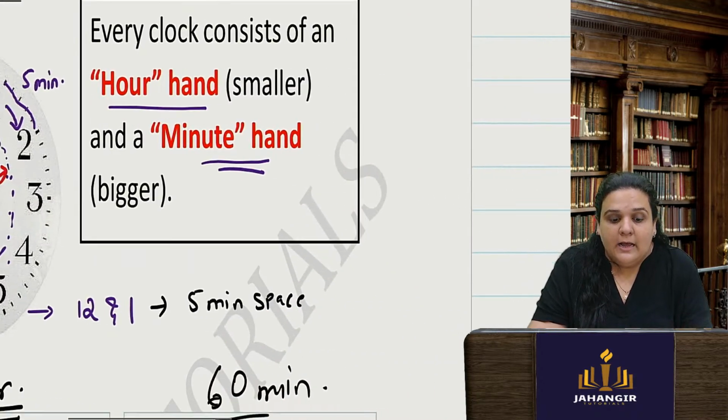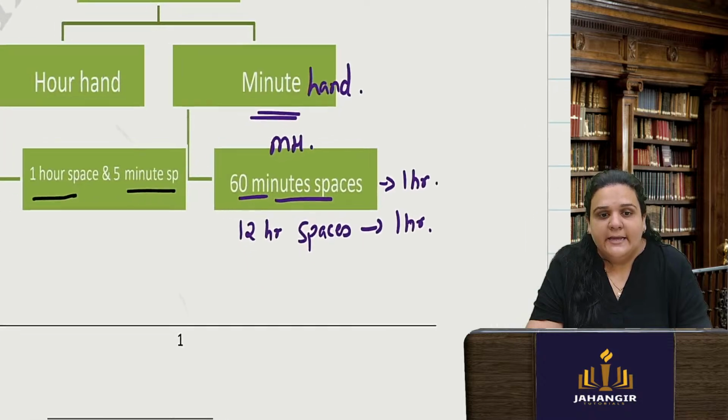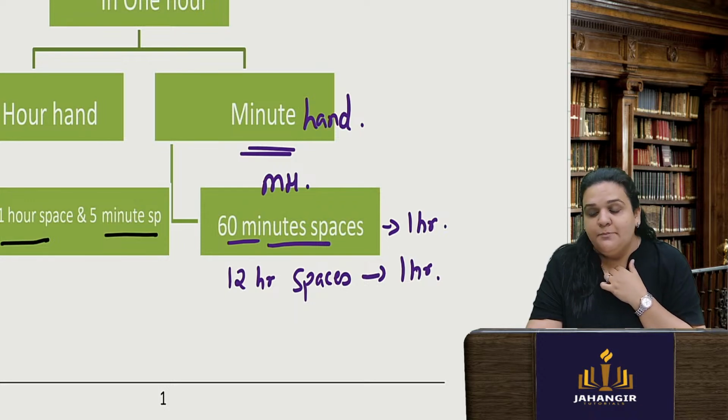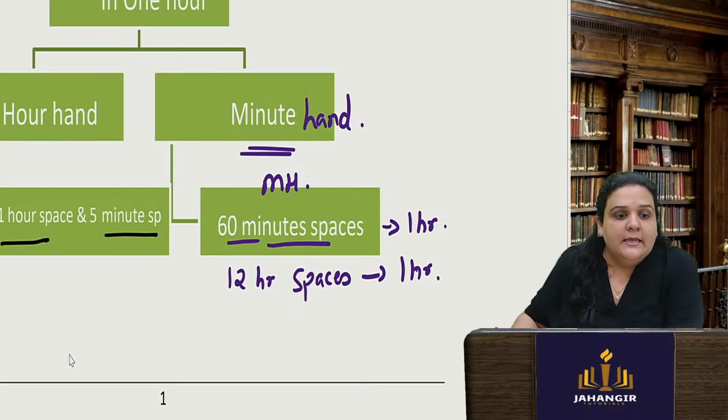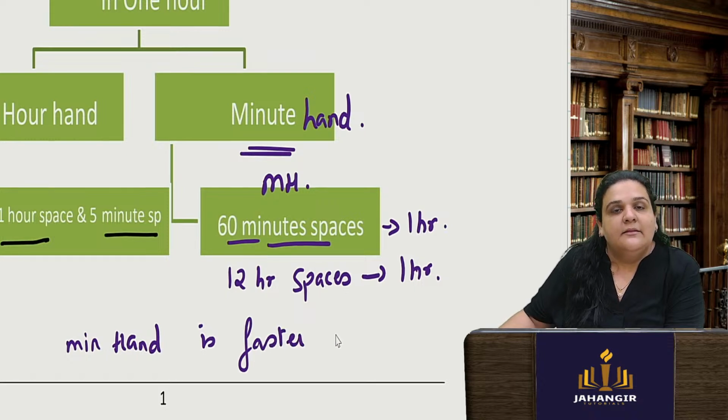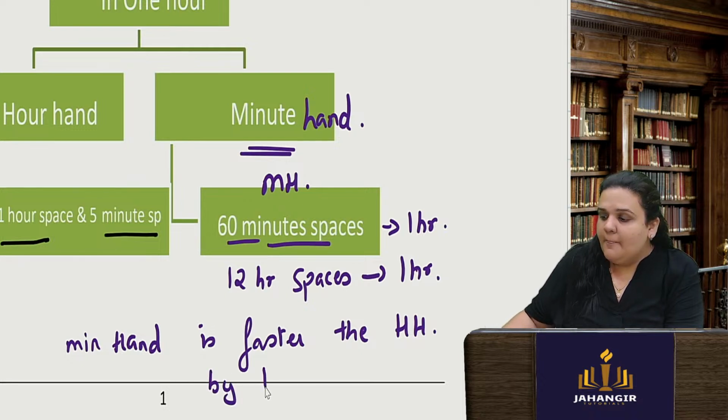But in 1 hour, the minute hand is going to move 60 minute spaces and 12 hour spaces. Hence, I can say the minute hand is faster than the hour hand by 12 times.